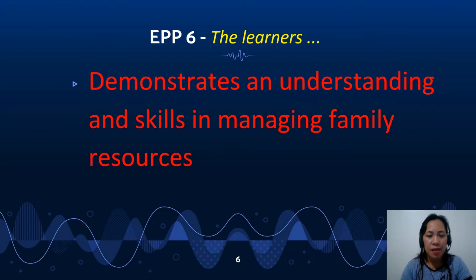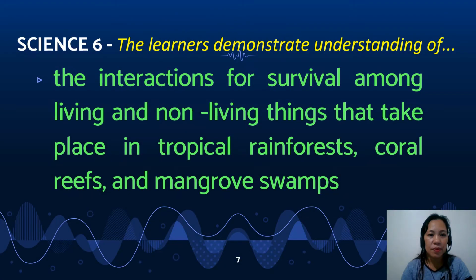For EPP 6, the learners demonstrate an understanding and skills in managing family resources. For Science 6, the learners demonstrate understanding of the interactions for survival among living and non-living things that take place in tropical rainforest, coral reefs, and mangrove swamps.